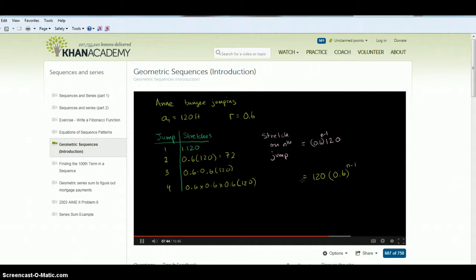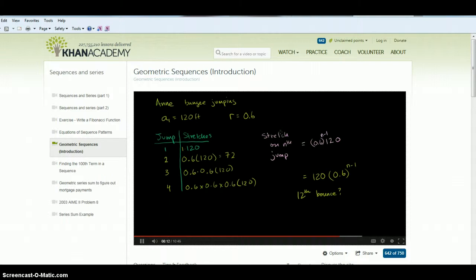Now, they also ask us, what will be the rope stretch on the 12th bounce? And over here, I'm going to use the calculator. Actually, let me correct this a little bit. This isn't incorrect, but they're talking about the bounce, and we could call the jump the 0th bounce.